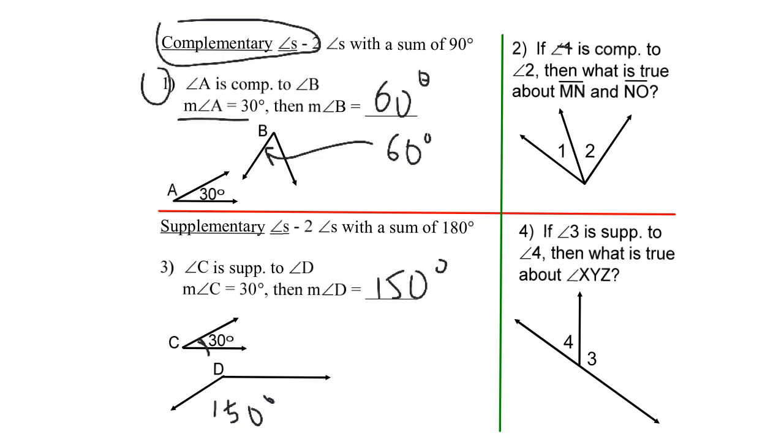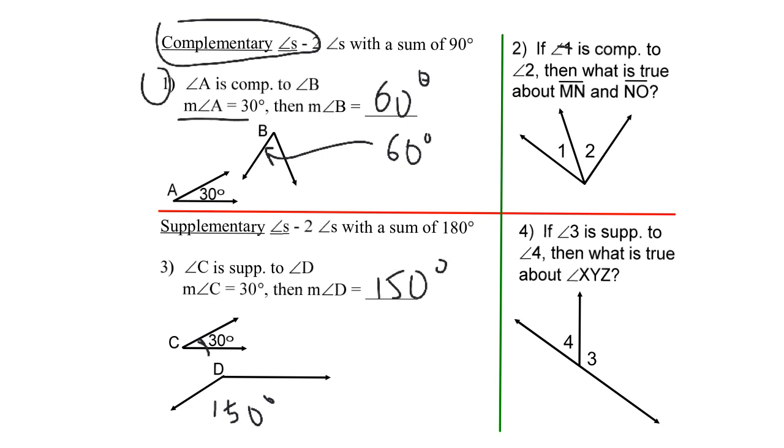Quickly, let's review what we learned in this video. We talked about definitions. Adjacent angles are two angles that lie in the same plane and have a common vertex and a common side, but no common interior points. Think about the word adjacent: next to each other.